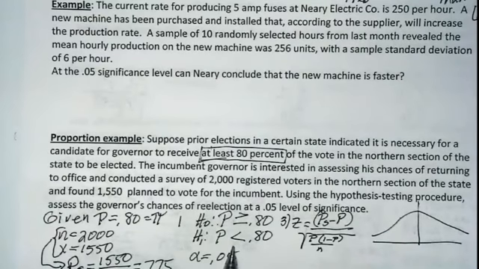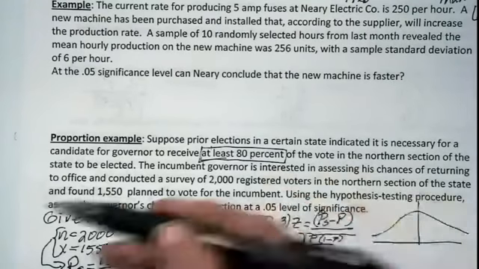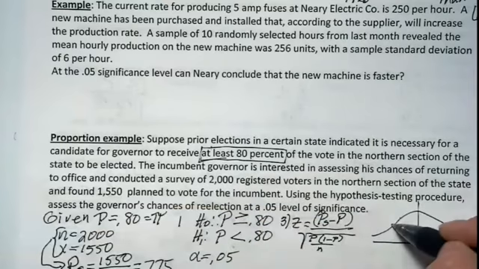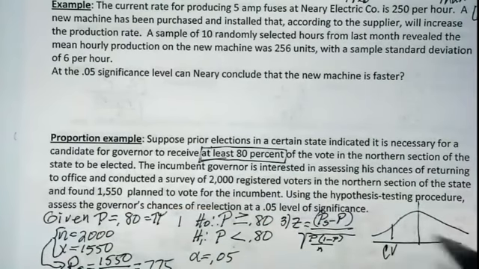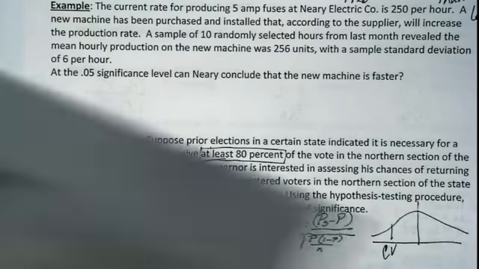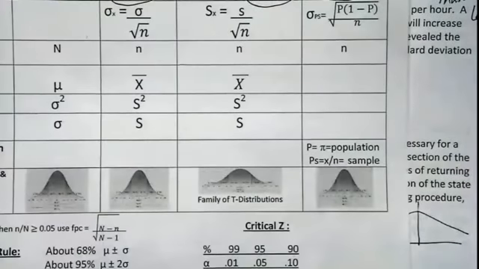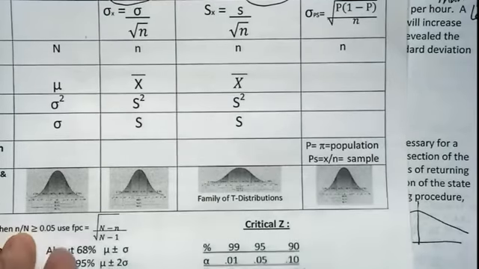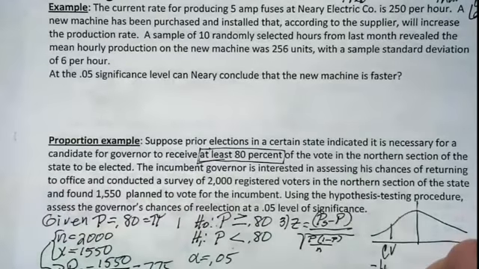It's a one tail, and again, it's pointing in the left direction, so our critical value is here. We look at our critical value for z. Critical value, one tail, 0.05, one tail, 0.05, 1.645, negative 1.645.